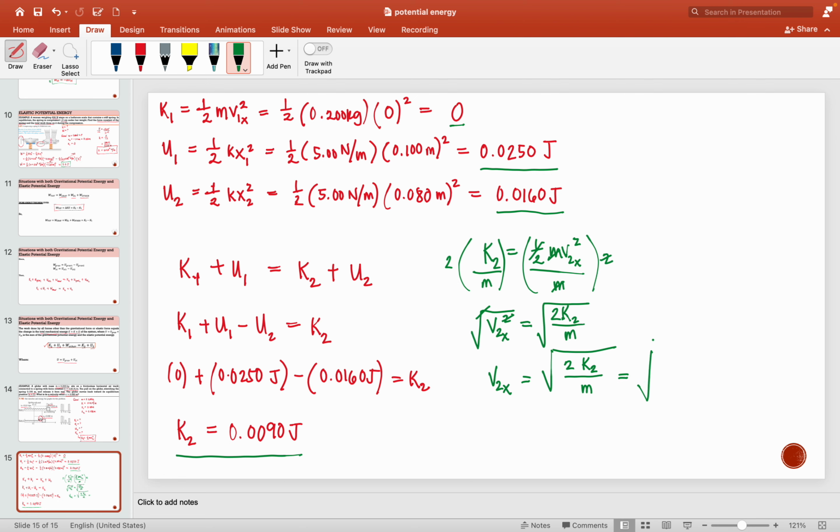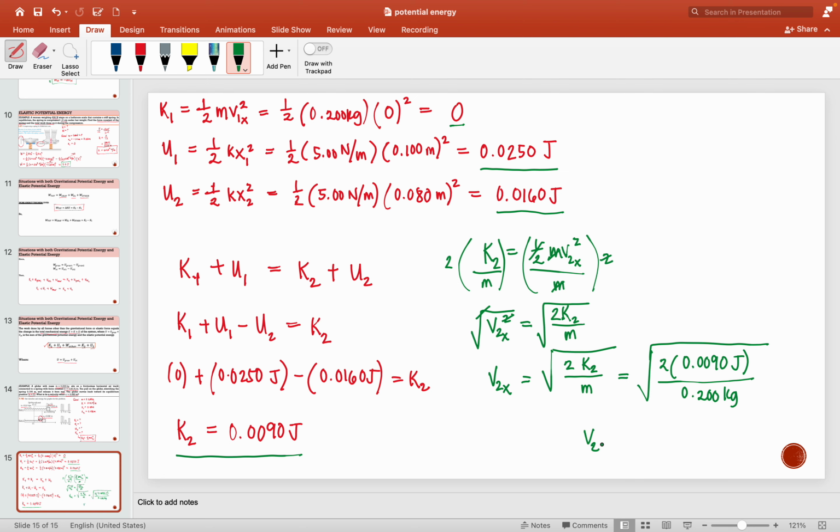Okay, so substituting the values, we have the value of K2 and the value for our mass, so we can solve for the final velocity when x is 0.080 meter. Okay, so we have 2 times our K2, which is 0.0090 joule, divided by the mass, which is 0.200 kilogram.